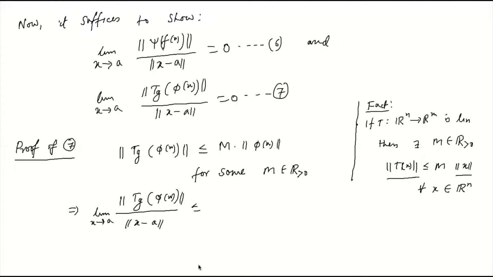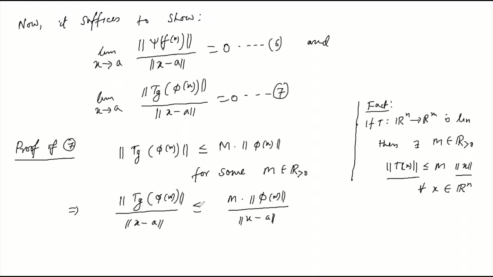First look at this quantity, then we'll put the limit. This is less than or equal to: the numerator is less than or equal to m times norm of phi of x, divided by norm of x minus a.